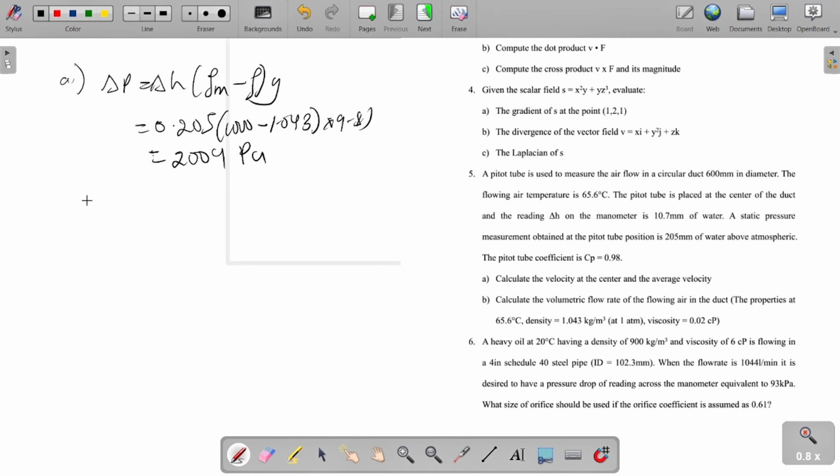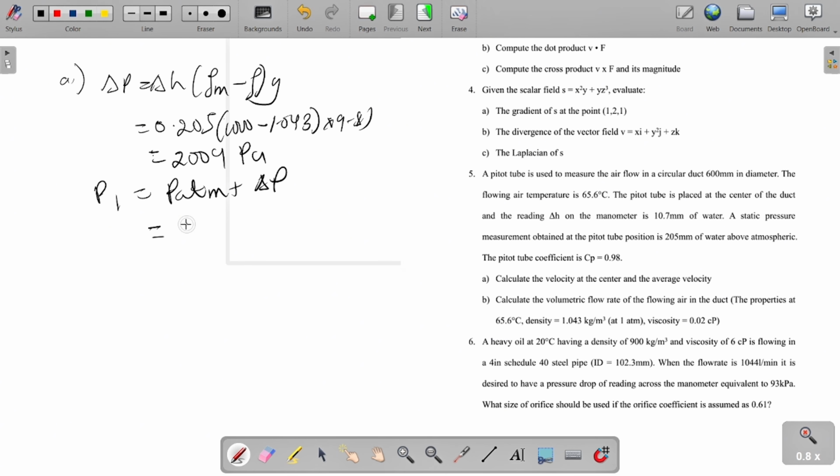Right, and if you want to actually calculate the pressure at point one, so when you see the pitot tube, you can calculate the pressure at point one, which gives us the atmospheric pressure plus the change in P, that is the static pressure.